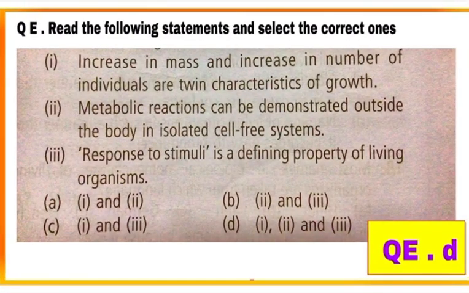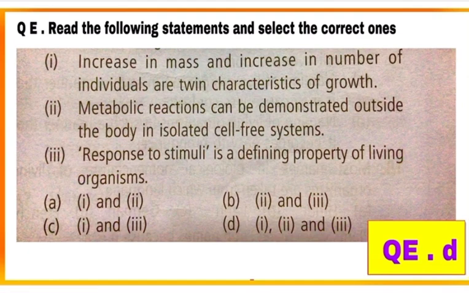Question E. Read the following statements and select the correct ones. First statement, increase in mass and increase in number of individuals are twin characteristics of growth. This is correct. In both cases we can see the growth. Second, metabolic reactions can be demonstrated outside the body in isolated cell-free system.